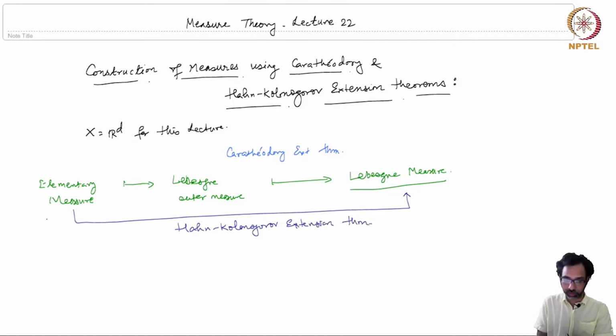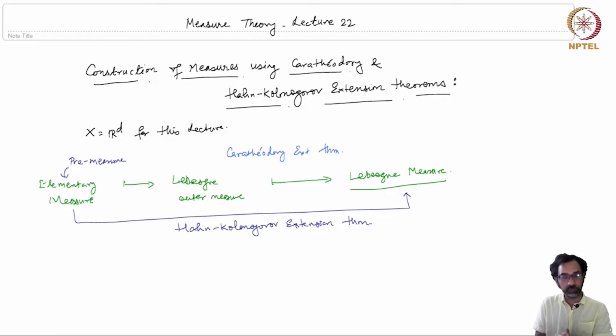In this claim it is implicit that the elementary measure should be a pre-measure. This should be a pre-measure on a Boolean algebra, and the Boolean algebra we will take is the elementary algebra.